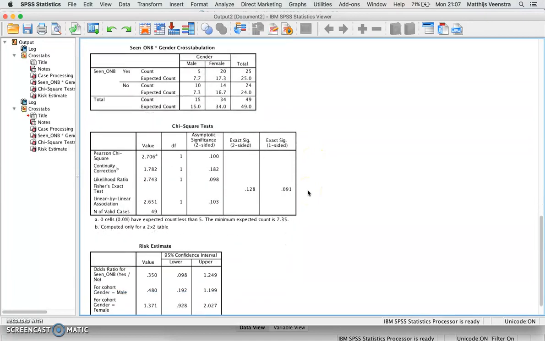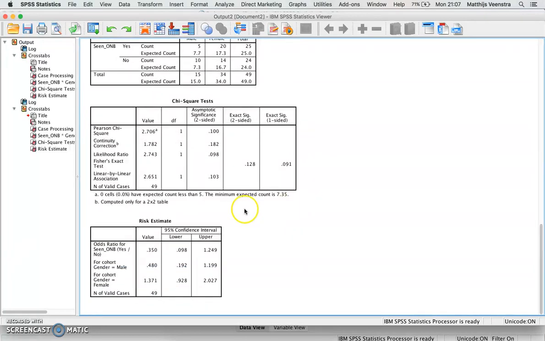Okay, now let's scroll down a little bit. If you'll remember, I've also clicked the value risk. This will give you this table. It will display the odds ratio for seen Orange is the New Black and for the different categories.